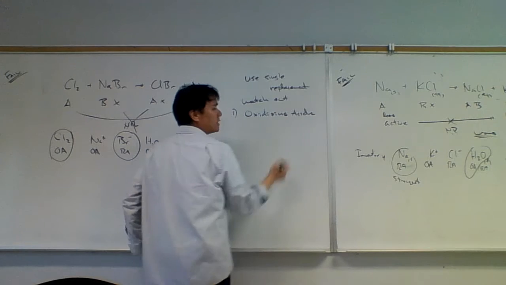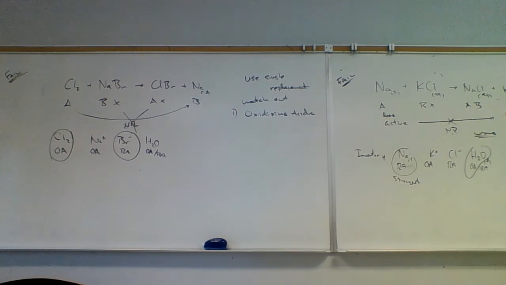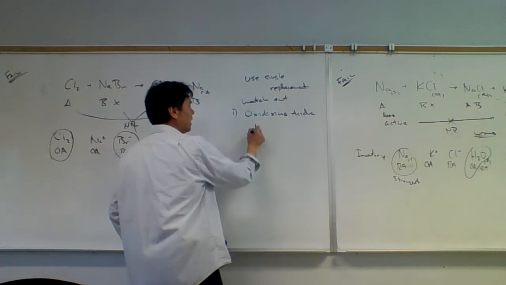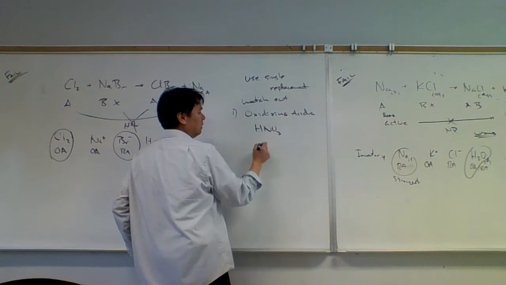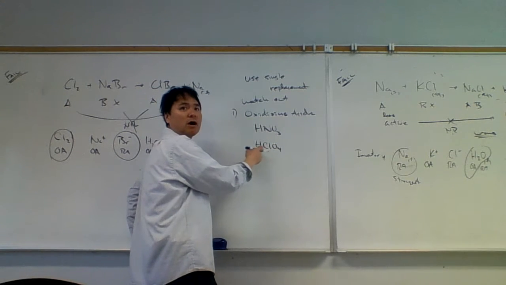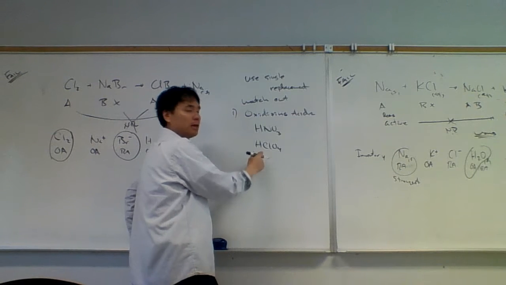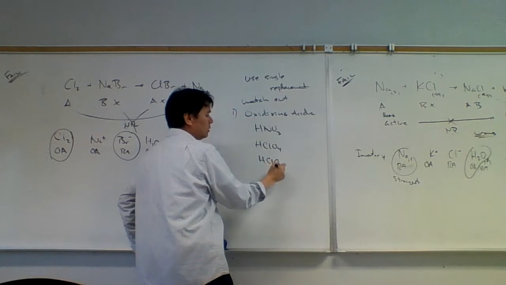What are the oxidizing acids? The oxidizing acids are going to have an anion that's electron poor. And so the oxidizing acids would be HNO3, that's one. HClO4, perchloric acid, is a powerful oxidizing acid because perchlorate is unhappy. HClO3, chloric acid even.